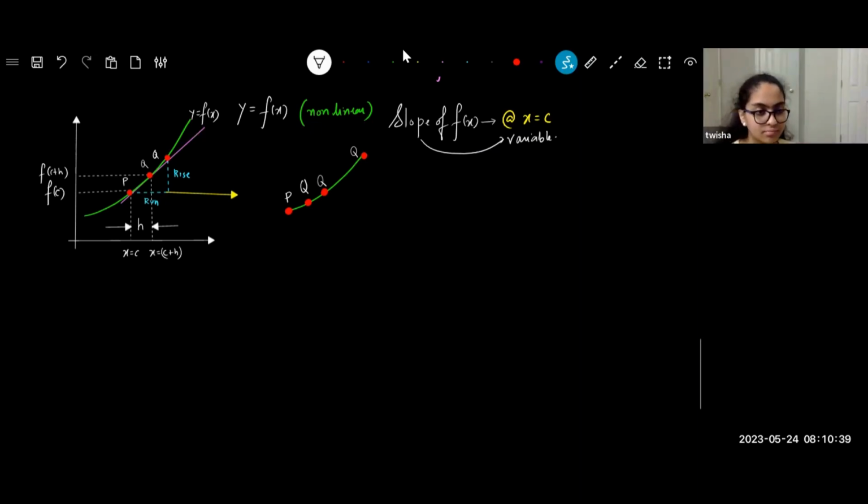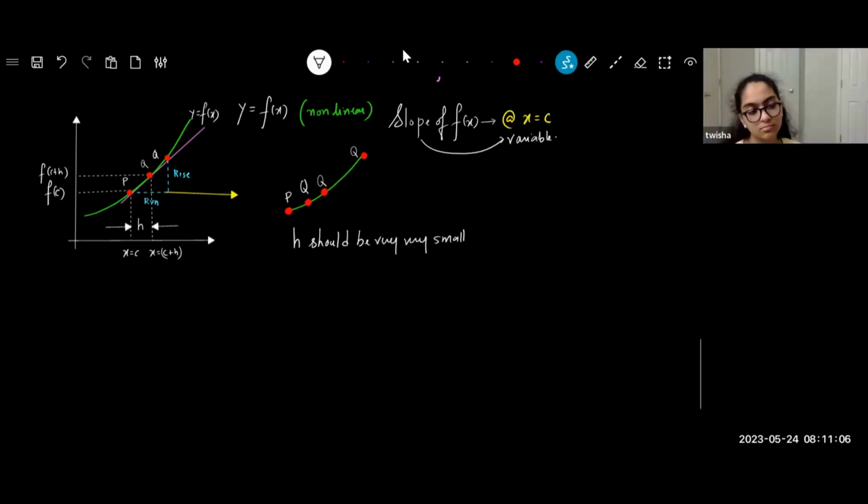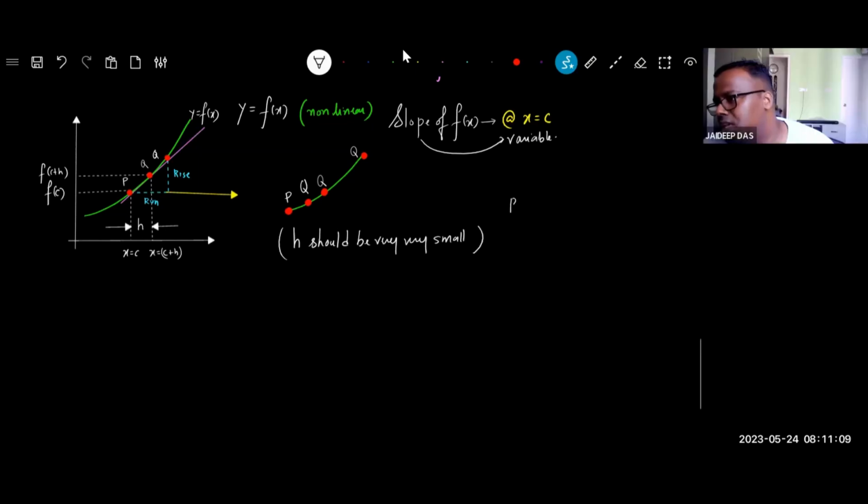So there is a point. Then I tell you, I agree with what you say, Twisha, but how does the court of law accept what we say? You say, sir, you make some rule, give some definition, but that slope exists. Then you say, okay, let us do one thing. All Twisha is trying to say is that H should be very, very small. Because if this is true, then P and Q are close to each other, provided P is not equal to Q. They don't merge, they're just close.